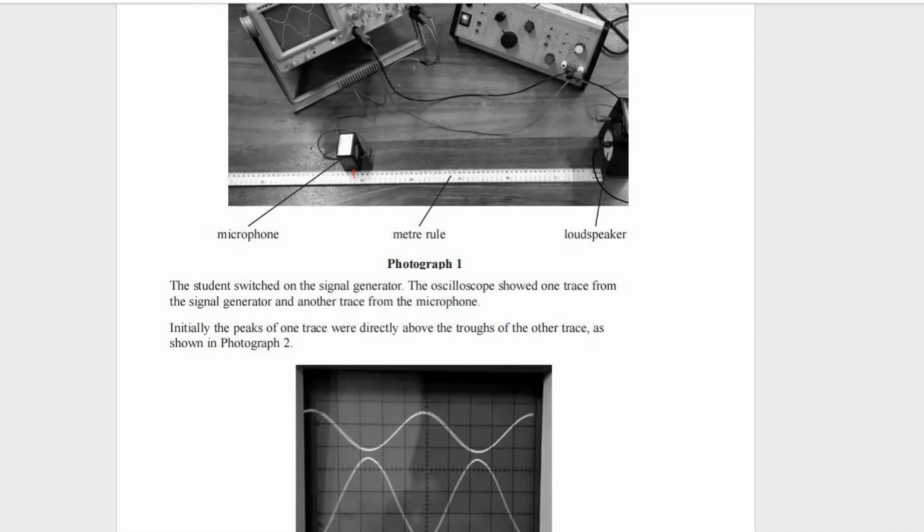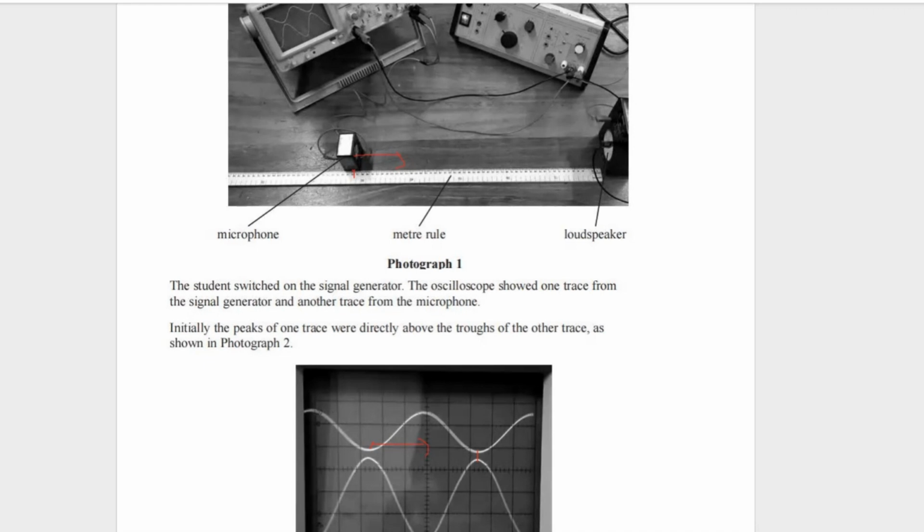So I mark this position and I'm moving this microphone along towards the loudspeaker. As I'm moving, what I'm observing is that the wave position will be changing. This point may move to this side and it will coincide at this position. You will be getting the same picture again after some time.